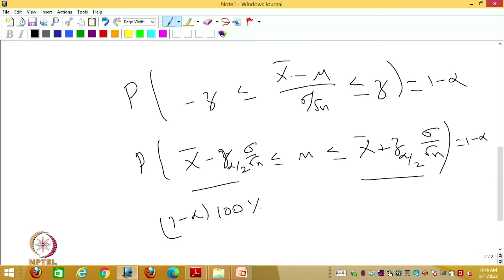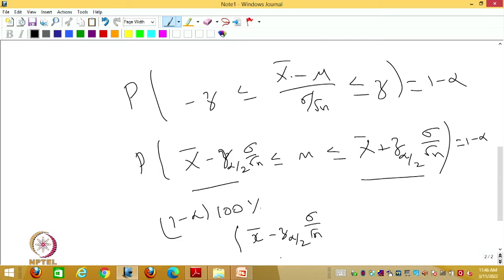The confidence interval for mu is, in small letters, that means it is a value, small x bar minus z alpha by 2 sigma by square root of n.